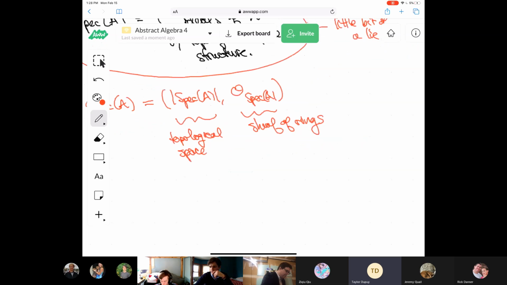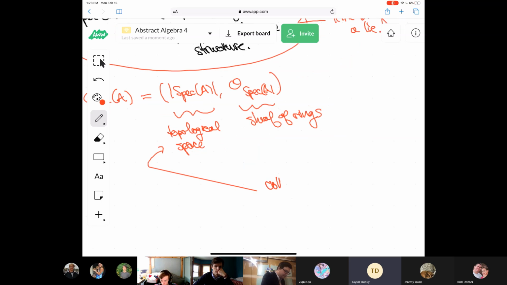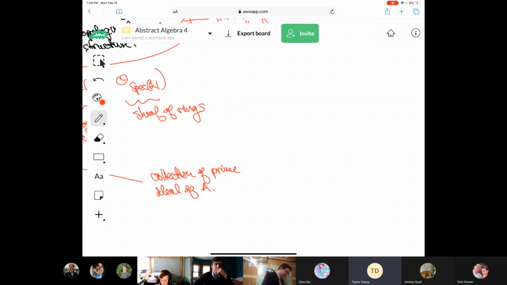It is true that this topological space is the collection of prime ideals of a ring A. And what does this sheaf do?